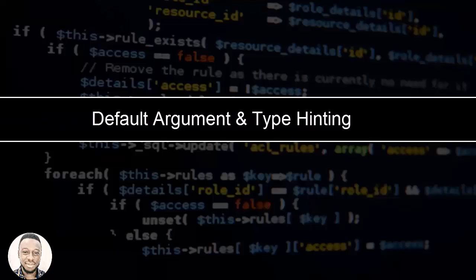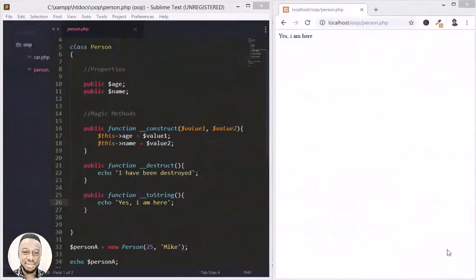Hello and welcome to this lecture. In this lecture, we are going to be looking at default argument and type hinting. First off, let's add a new property and let's call it gender.